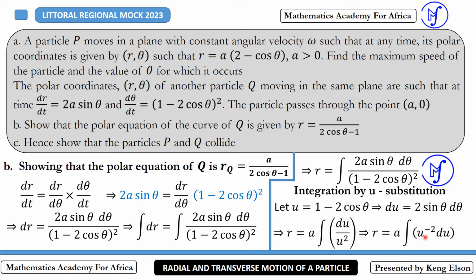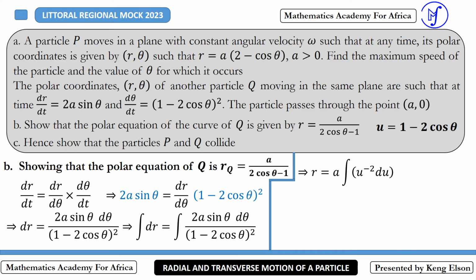So we are going to rewrite this as a times the integral of u raised to the power negative 2 du, and then we use the fundamental theorem of calculus to integrate this. How then do we integrate this? We just use the power rule. So we have a, we have u raised to the power negative 2 plus 1 divided by negative 2 plus 1, then plus a constant of integration because it is an indefinite integral. So it means that our r is equal to negative a on u plus k.